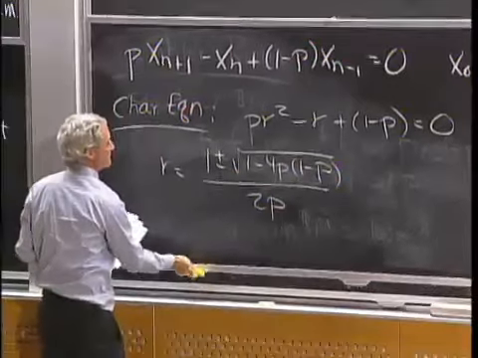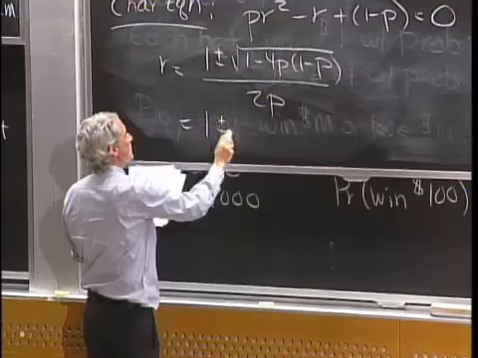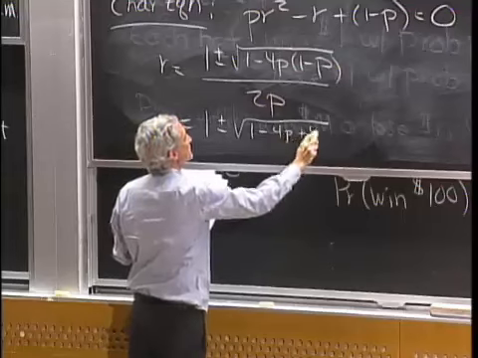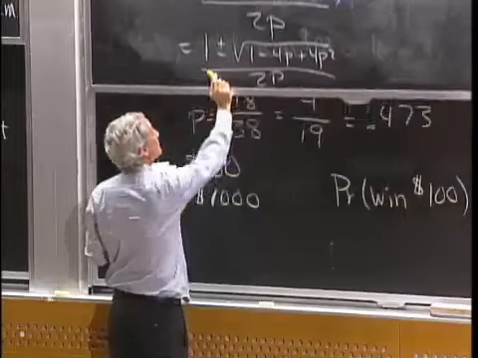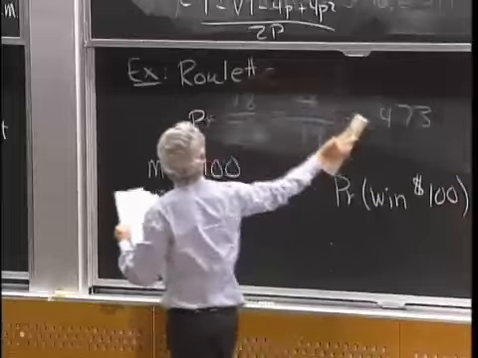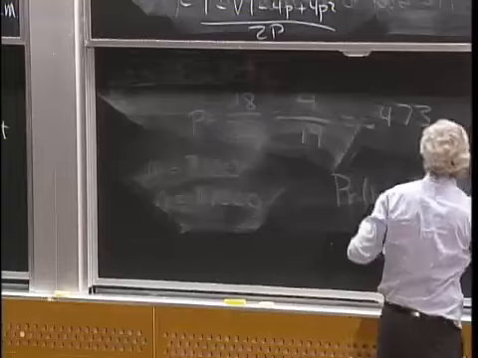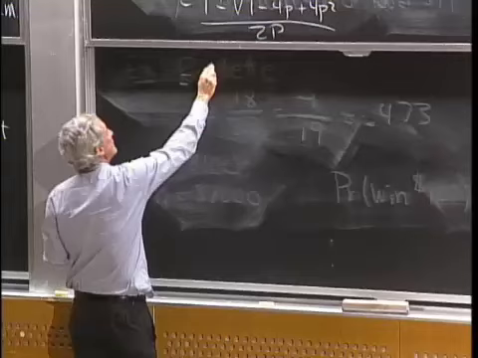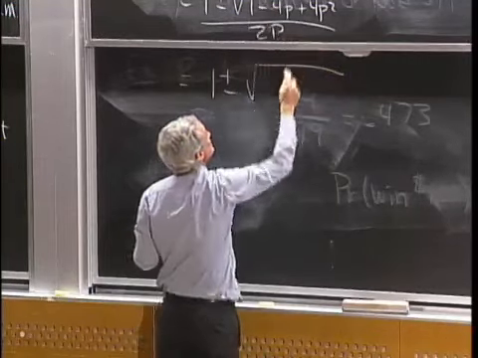All right, let's do that. So this is 1 plus or minus the square root of 1 minus 4p plus 4p squared, over 2p. Just using the quadratic formula and simplifying. And it works out really nicely because that is a perfect square. This is just (1 minus 2p) squared.